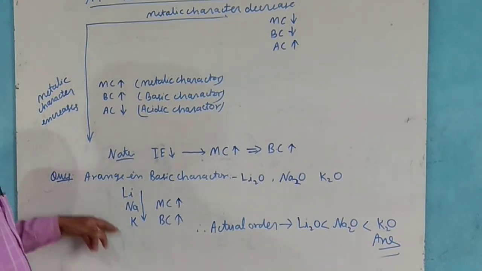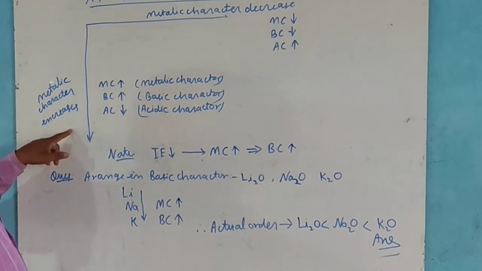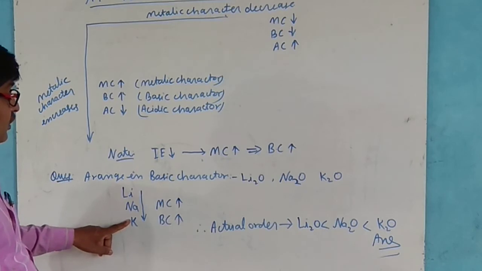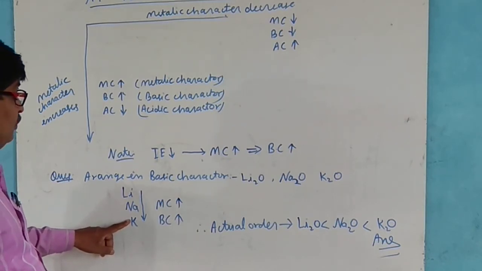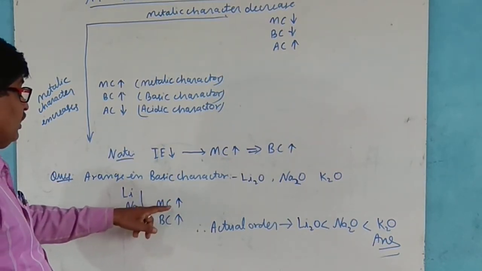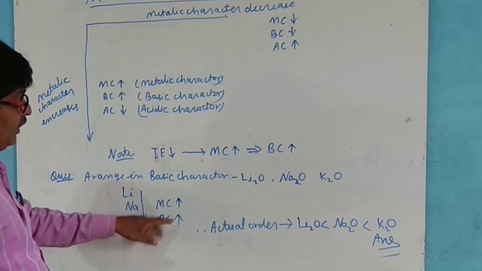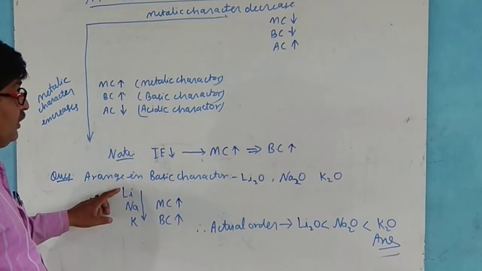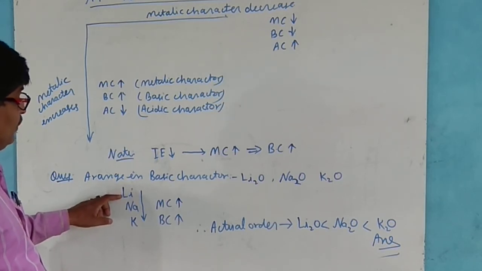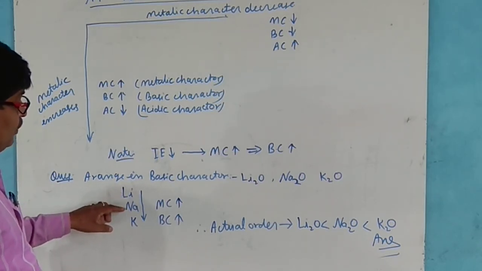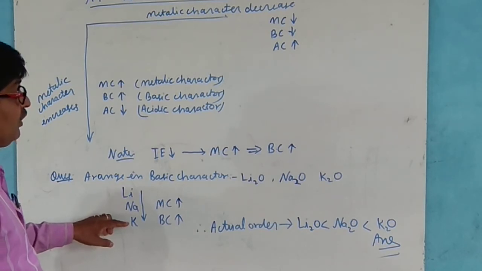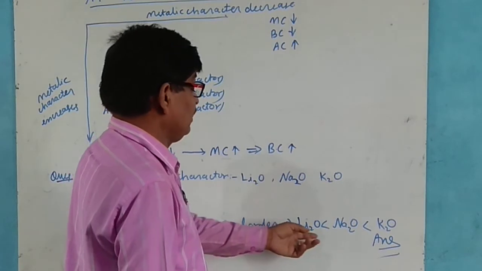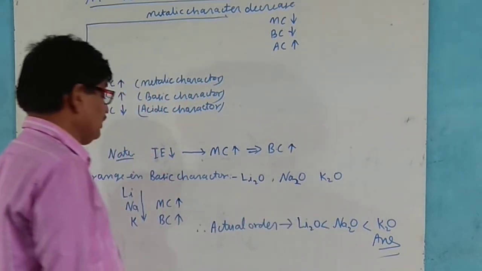As you see, metallic character increases, so basic character also increases. It means that the basic character of lithium oxide is less than sodium oxide, which is less than potassium oxide. So this is the order of basic character.